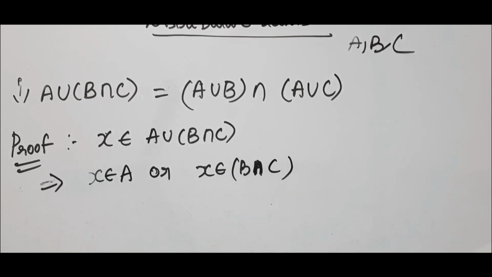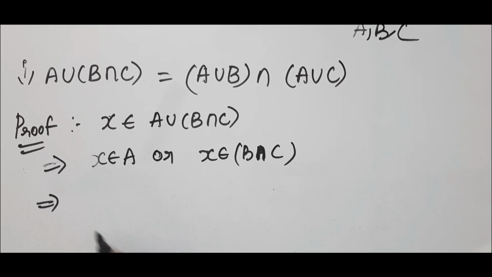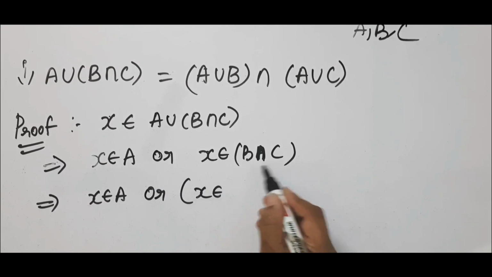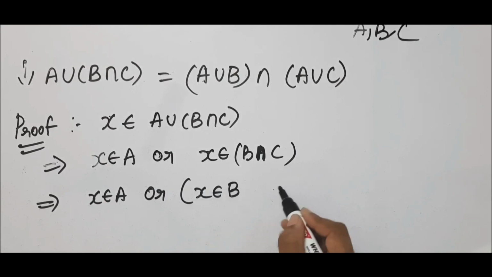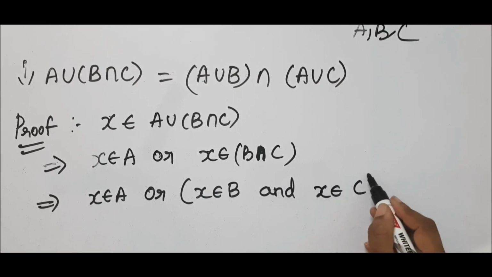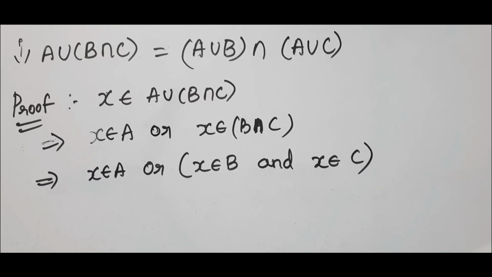Is it not? Next, this can be written as X belongs to A, or X belongs to B and X belongs to C. Here "or" is there, here "and" is there.